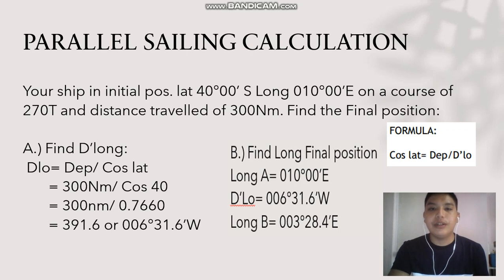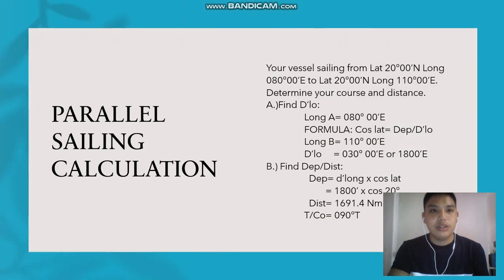And we find the final longitude position. Longitude A is equal to 10 degrees east and the D long is equal to 6 degrees 31.6 minutes west. So the longitude B will be 3 degrees 28.4 minutes east.